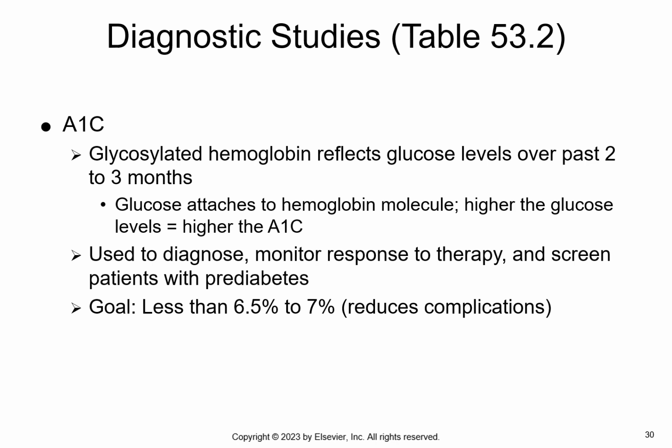The amount of glycosylated hemoglobin depends on the glucose level. When glucose levels are high over time, the amount of glucose attached to hemoglobin increases. Thus, glucose stays attached to the red blood cell for the life of the cell, about 120 days. Therefore, A1C provides an average measure of glucose levels over the previous 2 to 3 months.